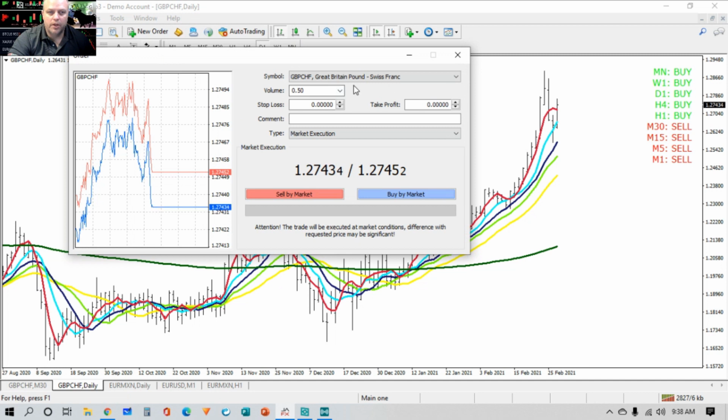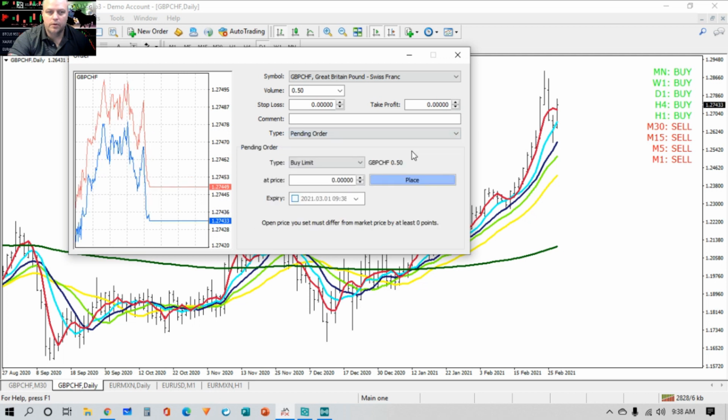But if you go into pending orders, set it as a sell limit, and then put whatever current price you want it to come in at, and then that way you do it. Make sure you hit your stop loss. Take profit, don't care. Stop loss, make sure. Type your comment, what are you wanting to do.